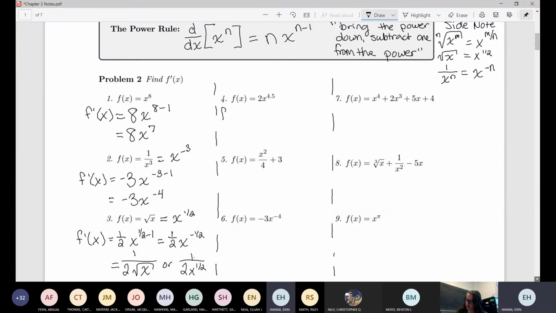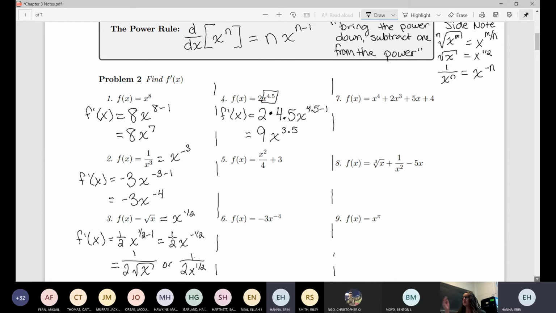If I want to write this out in full generality, that 2 just comes along for the ride, and then I have to multiply that by the derivative of x to the 4.5. The derivative of x to the 4.5 would be bring the power down and subtract 1 from the power. So if I multiply those two numbers together in the front, 2 times 4.5 is 9, and x to the 3.5.